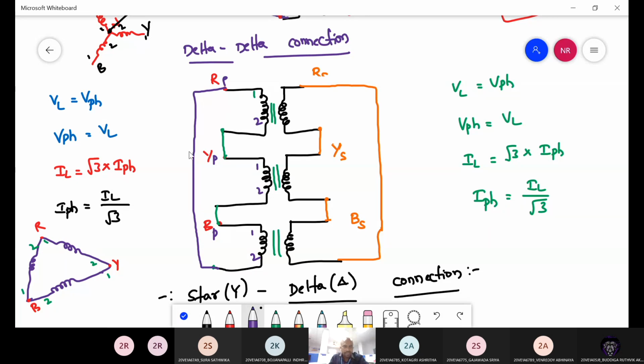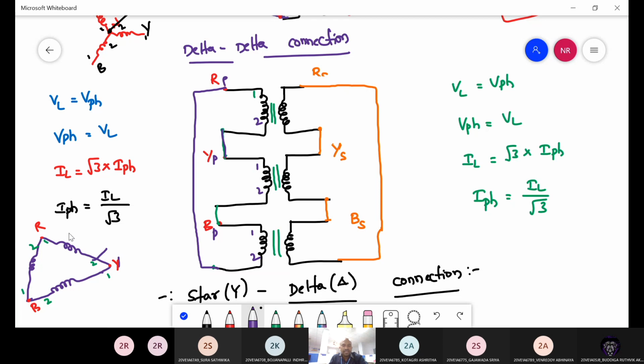RYB. R phase second end is connected to Y phase first end. You got my point? Then Y phase second end is connected to B phase first end.